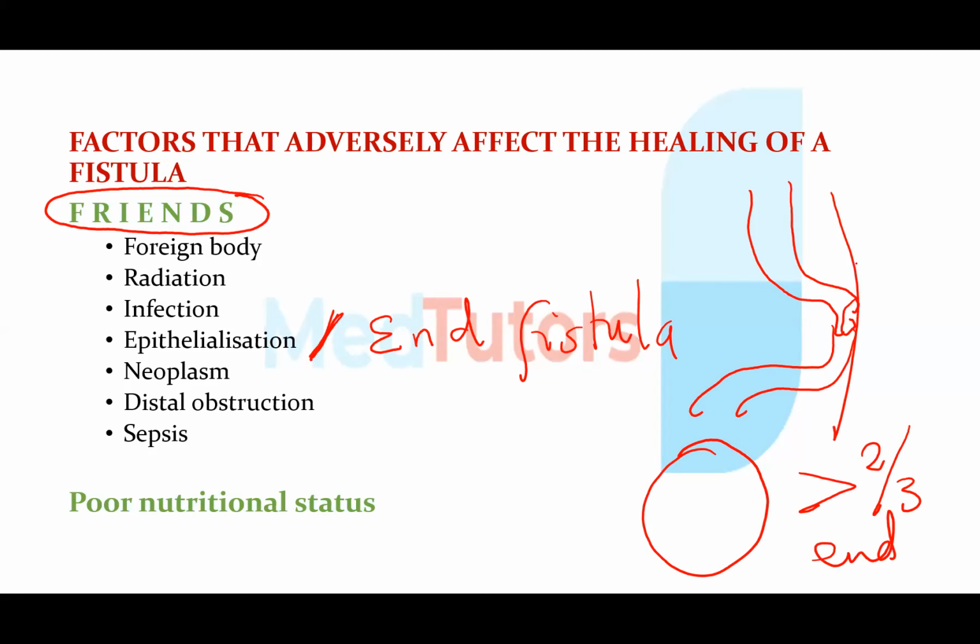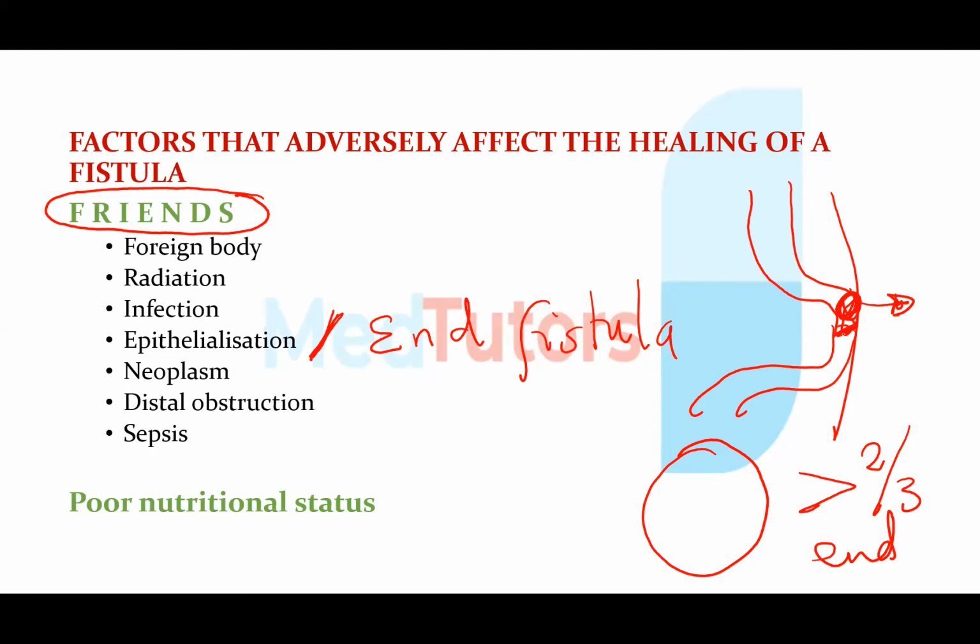It doesn't necessarily have to be the complete circumference that is exposed as the stoma with detachment of the distal segment. When the circumference is more than 2/3, it is described as an end fistula, and it will never heal spontaneously.